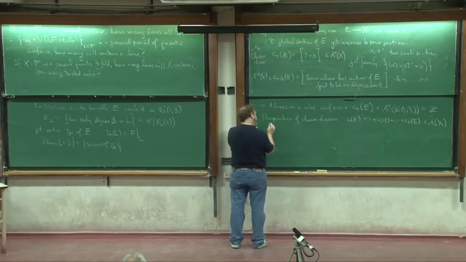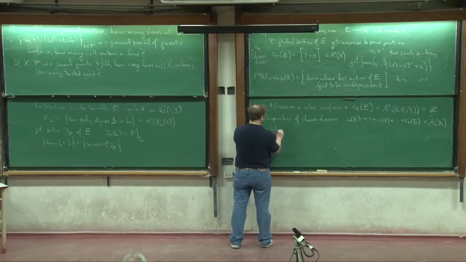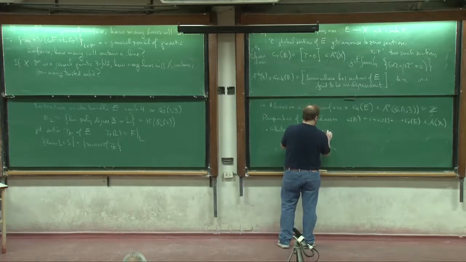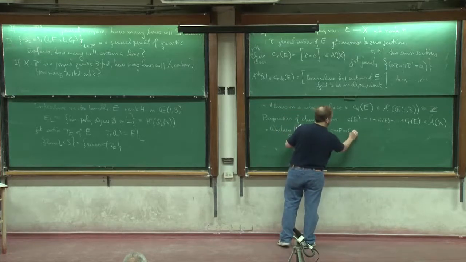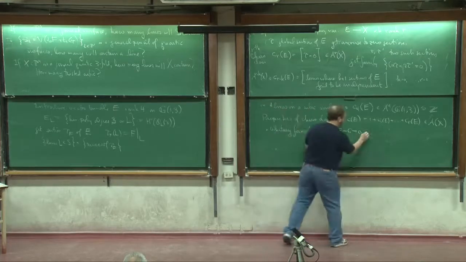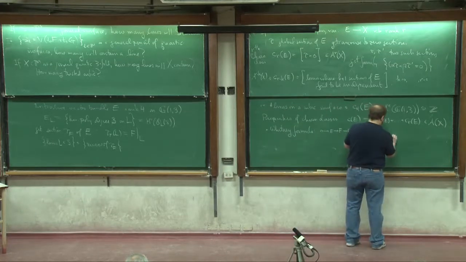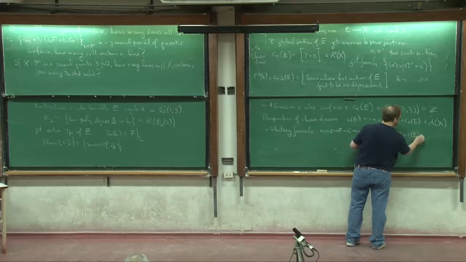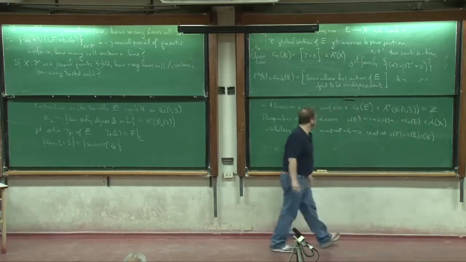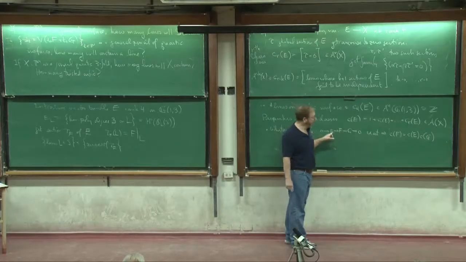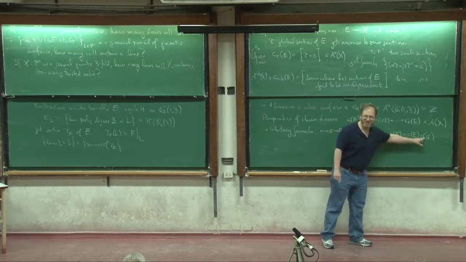So the first thing to say, and this is the famous Whitney formula, says that if I have a 3-term exact sequence, 0 to E to F to G to 0, of vector bundles, if this is exact, and again, E, F, and G are vector bundles, then the total Chern class of F is the product of the Chern classes of E and G. This is either called the Whitney sum formula because it corresponds to a direct sum of vector bundles, or the Whitney product formula because it expresses the Chern class as a product.